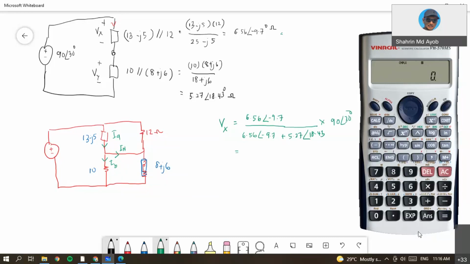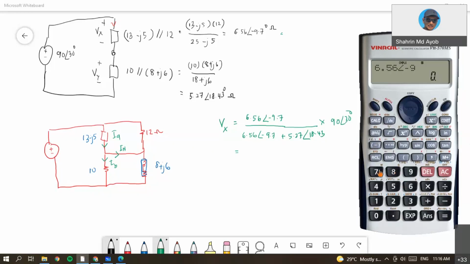So double check whether my answer is correct or not, because sometimes when I click this online calculator, I maybe miss click the button.